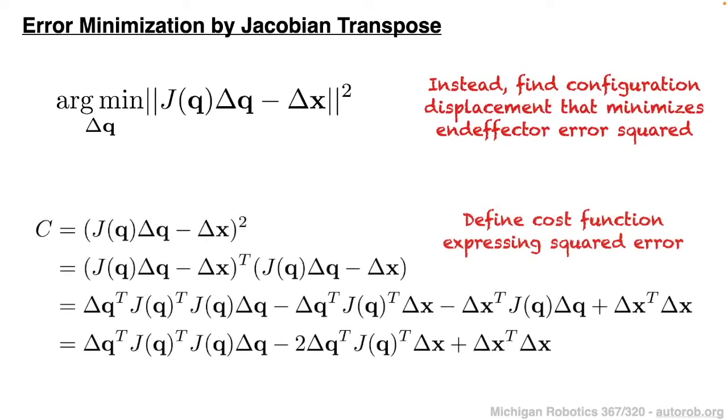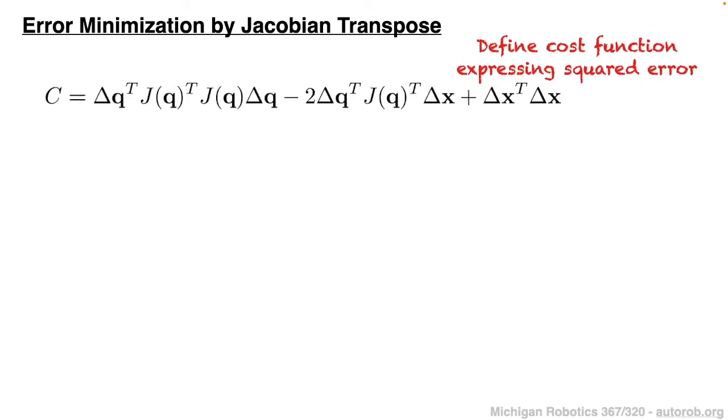And so to derive how this minimization actually occurs, what we're doing here is defining this cost function expressed as the error squared in the end effector position. And if you derive what that cost function is, shown here in terms of the Jacobian, we can then try and find what value of the configuration displacement minimizes this cost function.